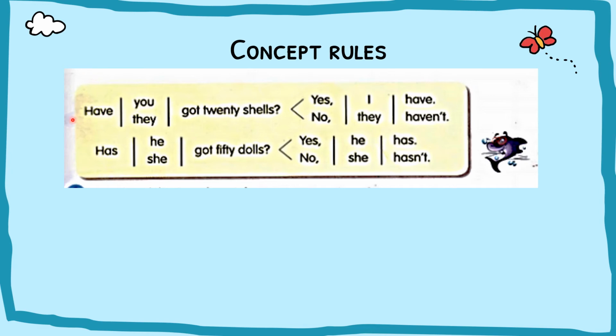This example gives you have. I told you just now, have is for the plural subject, the plural group. The subject is here in the middle. When you use the verb have got for questions, have got will split.